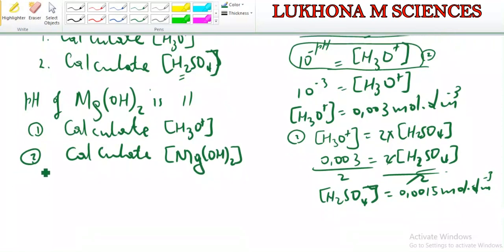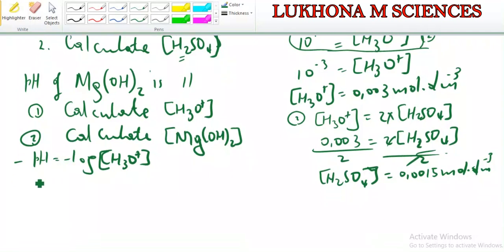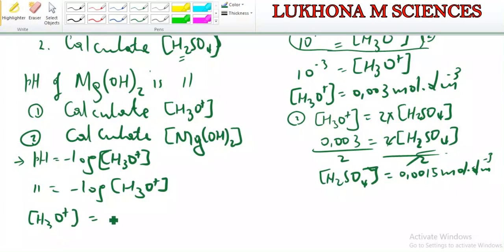The first thing that you do, step number 1, is the formula for the pH, which is minus log concentration of H3O+. Remember this is a base. Then substitute. The pH is 11 in this case. Then use this formula: concentration of H3O+ is equal to 1 times 10 to the power negative pH.